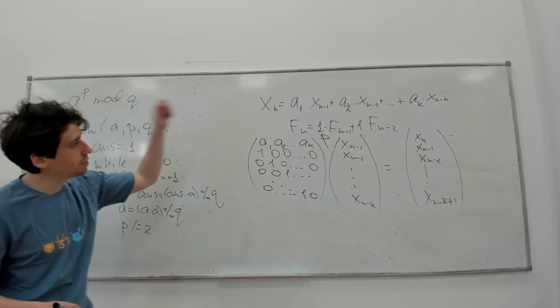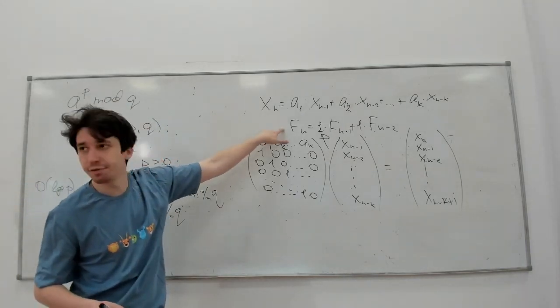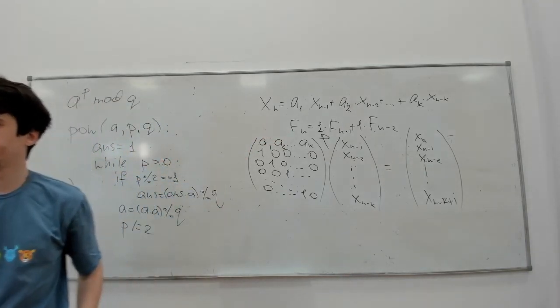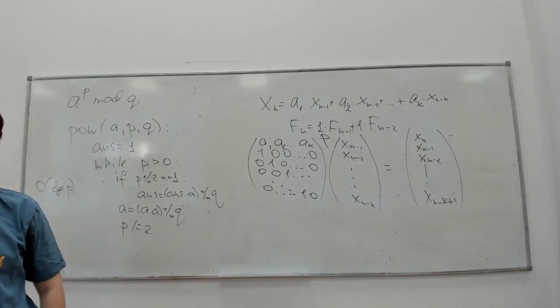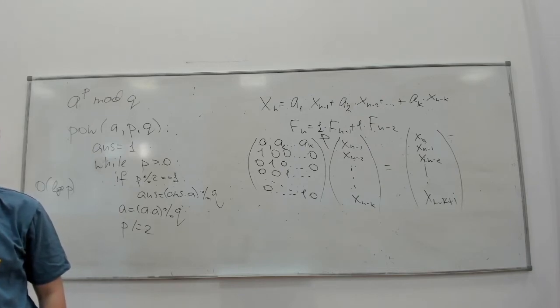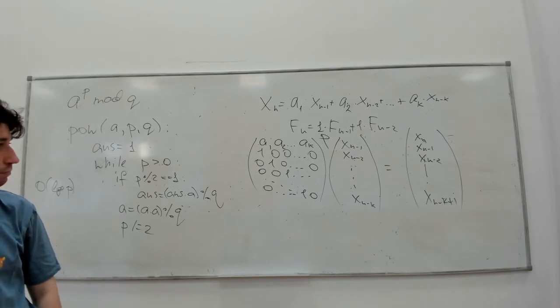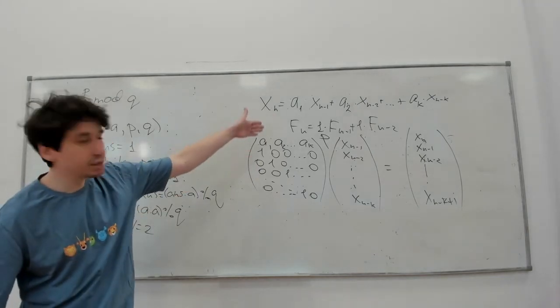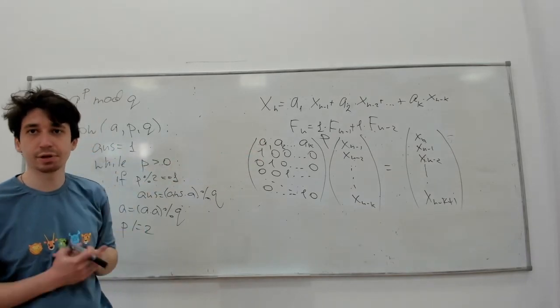Okay, can you give me the matrix for Fibonacci numbers? You can look at that matrix, how we did it in the general case, and then create the matrix for Fibonacci numbers.